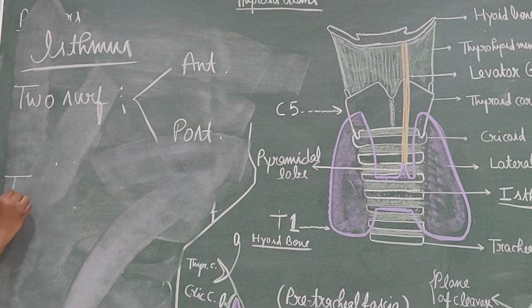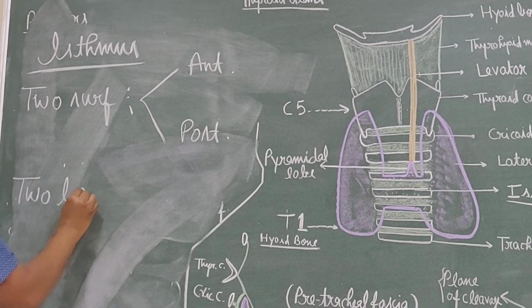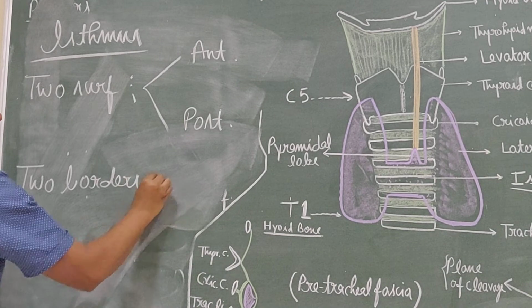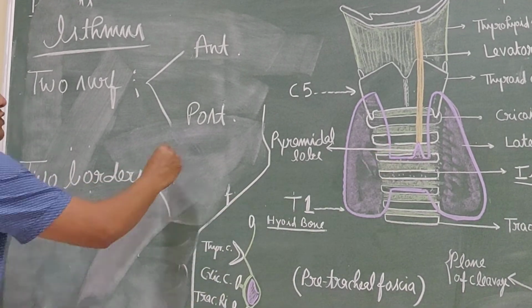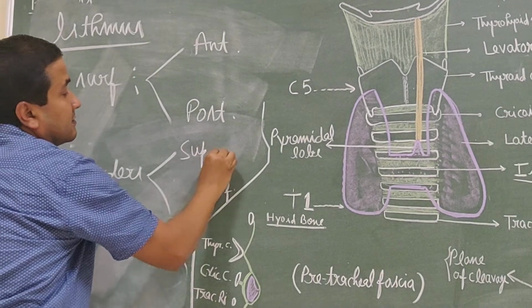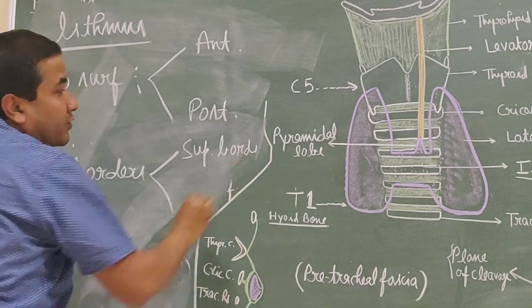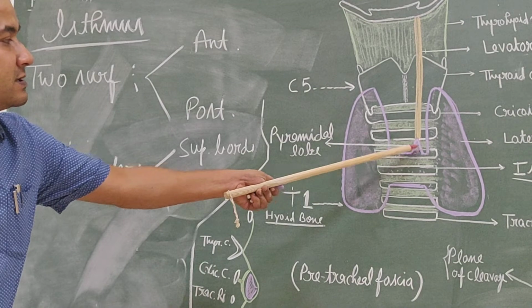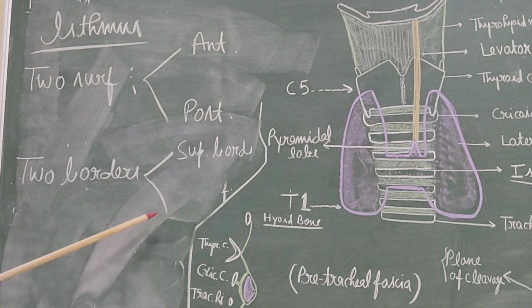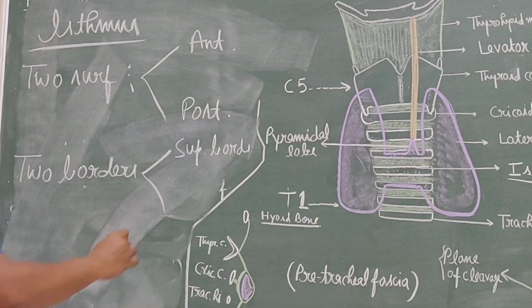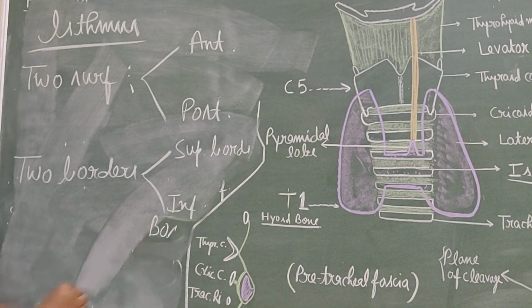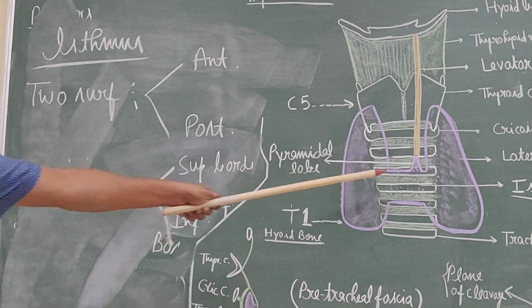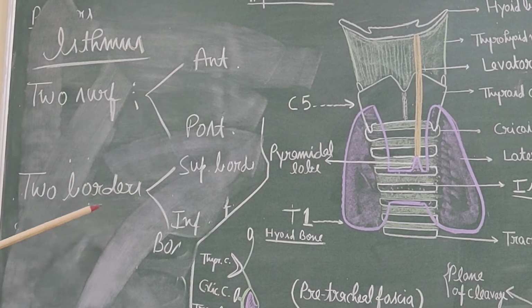It also has two borders. One is situated above, the superior border, from which the pyramidal lobe is projected, and one is directed downwards, the inferior border. So the isthmus has two surfaces and two borders.